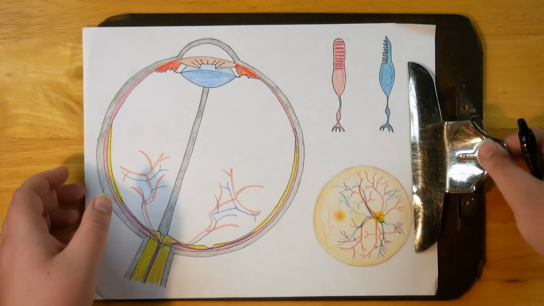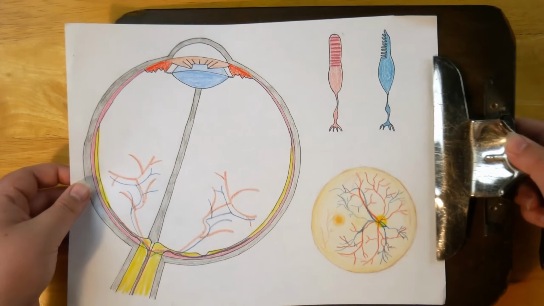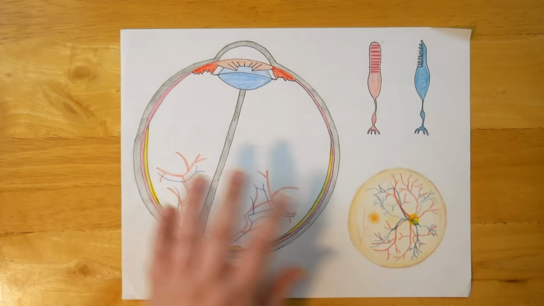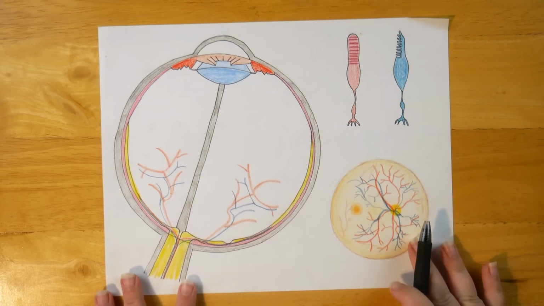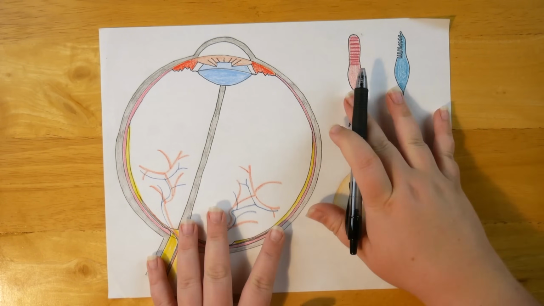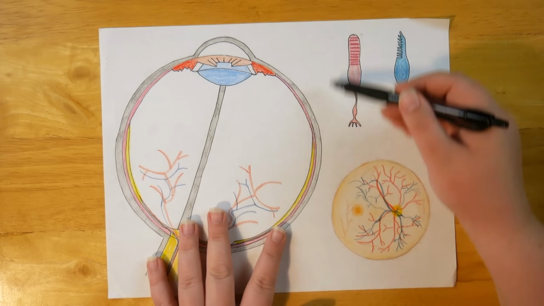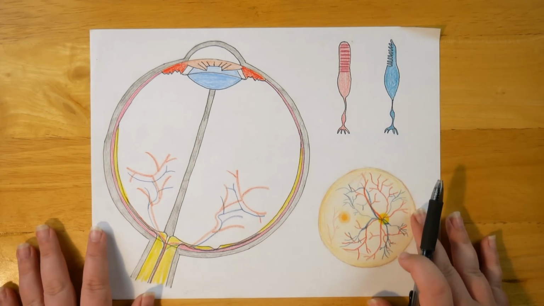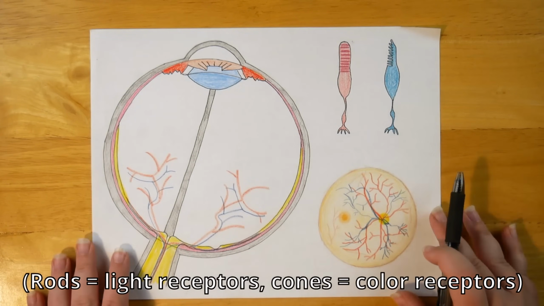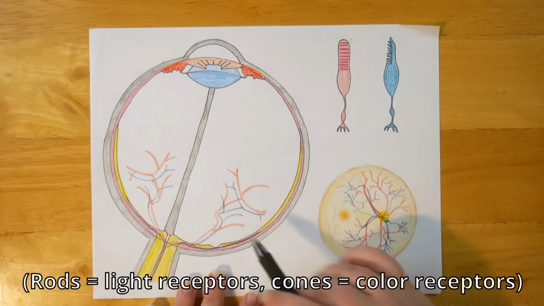Let me just get this out of the way. So, these right here are very easy. These are your rods and cones. They are what allow you to see color, for example.